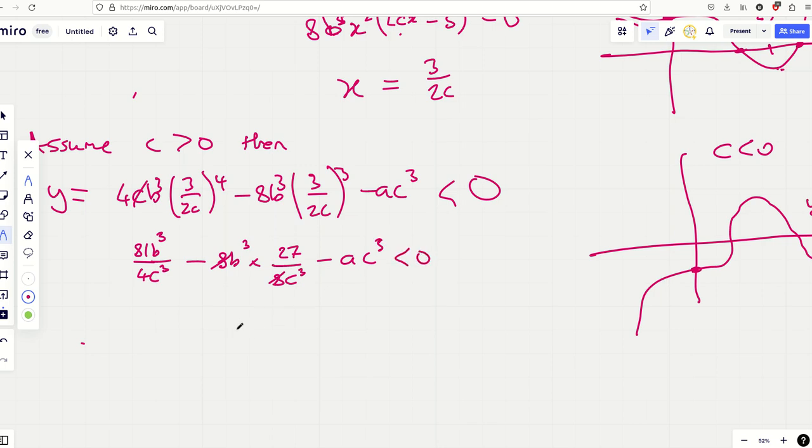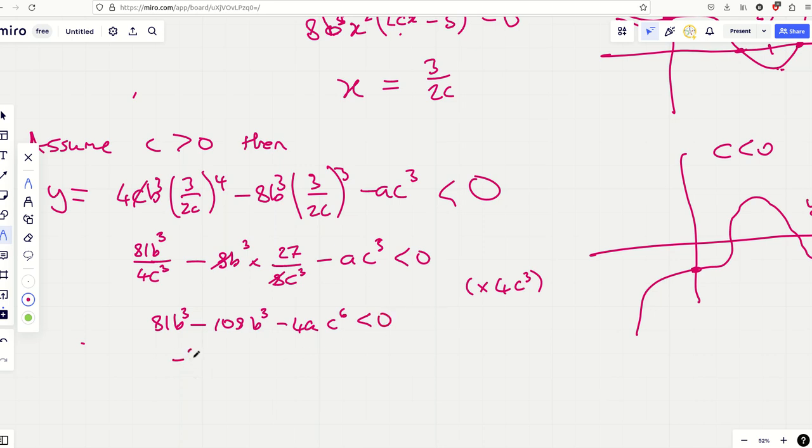Okay, lovely. Might be time to multiply through by 4c cubed, because we do know something about c, it's bigger than 0. That's lovely to know, isn't it? So we can safely multiply by 4c cubed and we don't have to worry about the sign. We're going to have 81b cubed minus 27 times 4, sorry, I'm multiplying by 4c cubed, so 108b cubed, lovely, that's got rid of the c cubed there, minus 4ac to the power of 6 is less than 0.